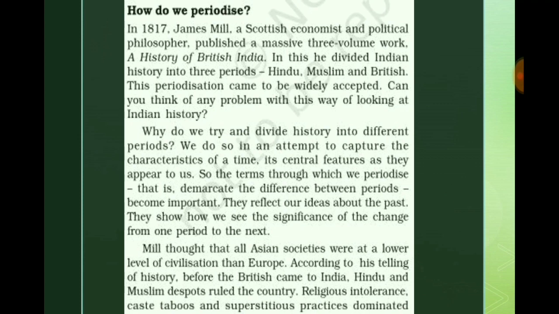The reason behind it was that before the British came to India, Hindus and Muslims ruled the country, which is true. There was a lot of discrimination based on religion, caste and superstitious activities, which was the way of life back then. So for all these reasons, James Mill thought that British rule could civilize Indians.